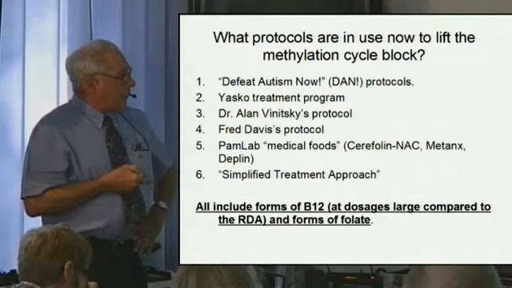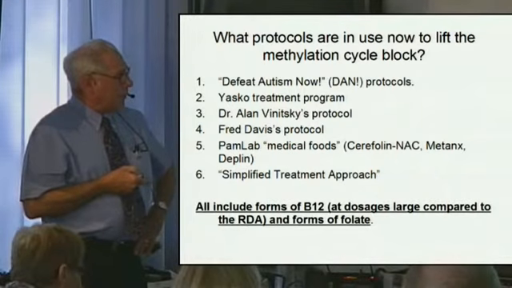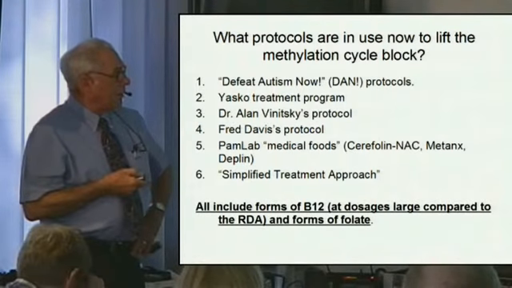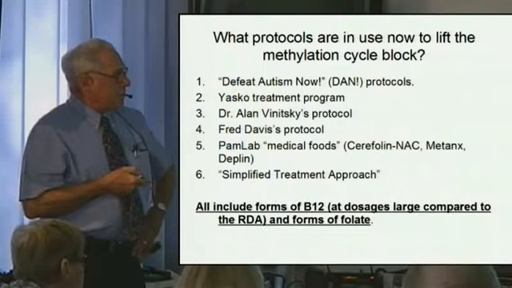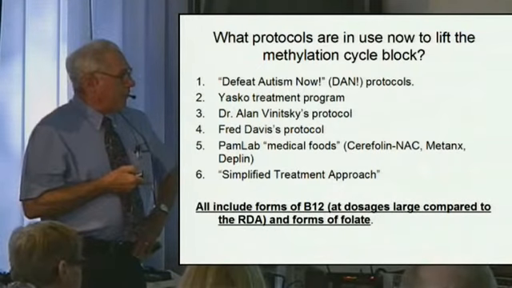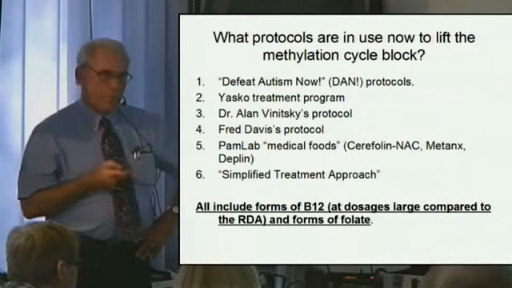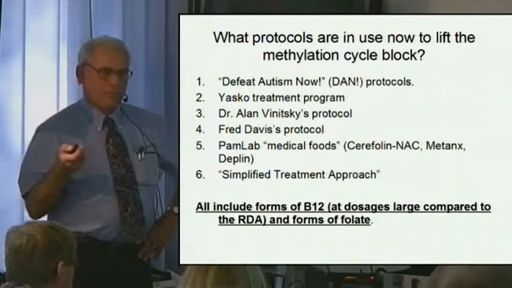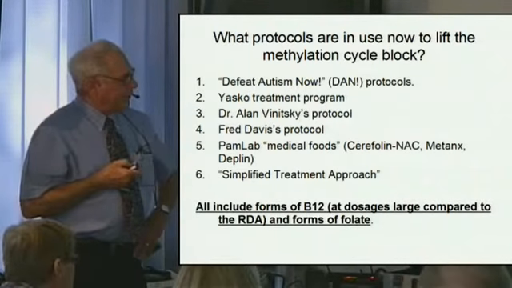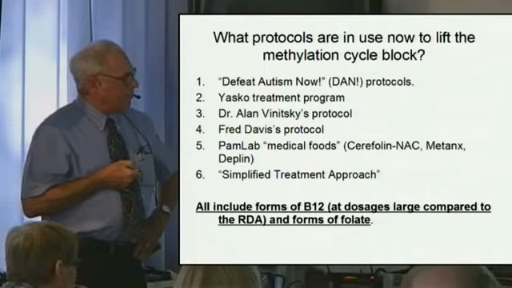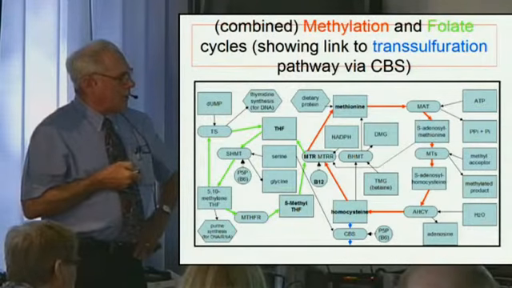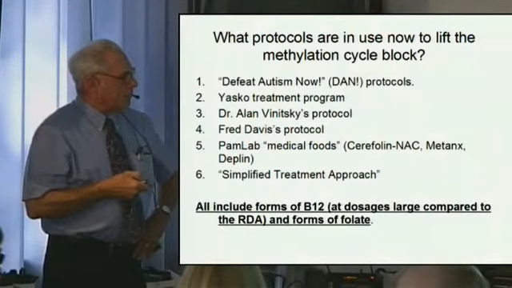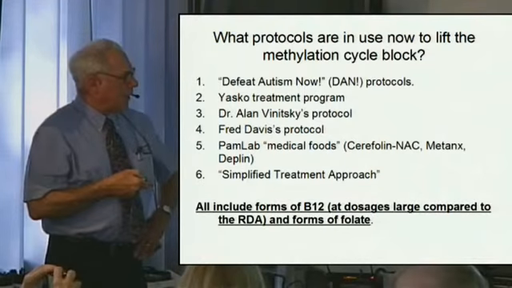Now, there's a pharmaceutical company in Louisiana, USA, which is licensed by Merck to use methylfolate. Merck has the patent on making methylfolate, and so they've licensed PamLab to produce medical foods, and these are their foods here: seroflonac, Metanx, and Deplin. Deplin is pure methylfolate.